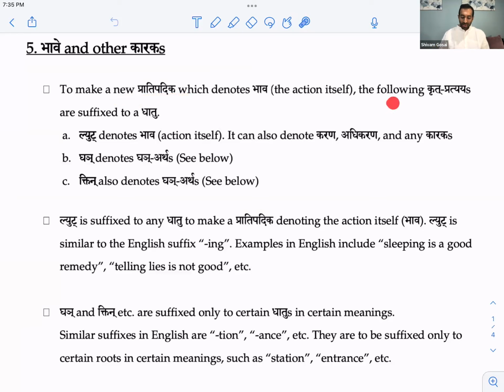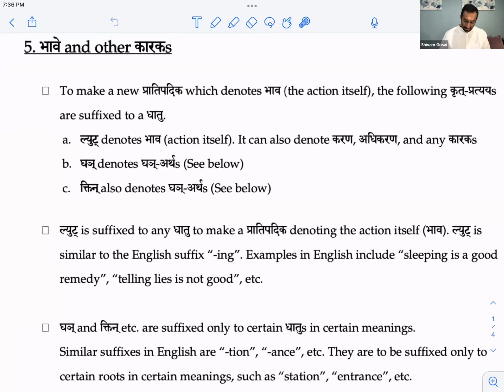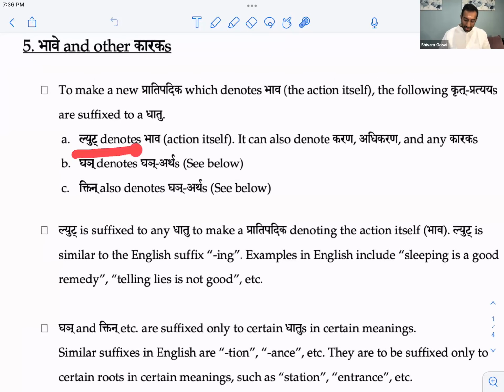And to make that, the following krit pratyayas are going to be suffixed to a dhatu. So today we're going to see the word lyut, which denotes bhava. So this is what we're going to spend more time on today, lyut. So it denotes bhava, but as I said, other karakas can be involved too, right? So this lyut can denote karana, adhikarana, and really any karaka, as we'll see.